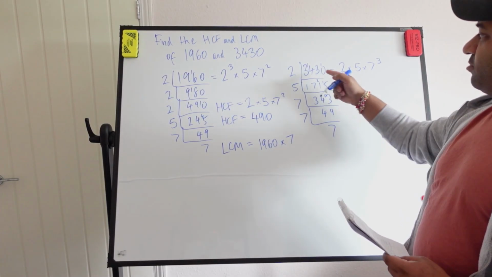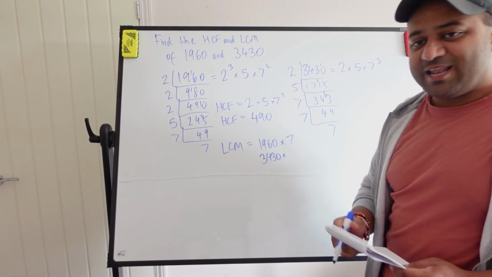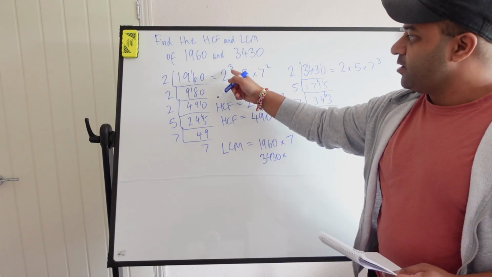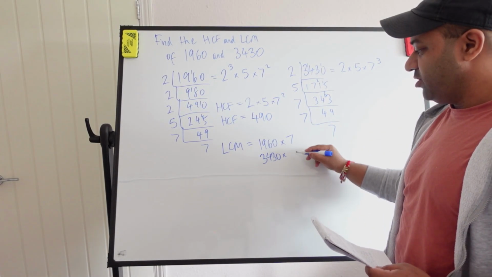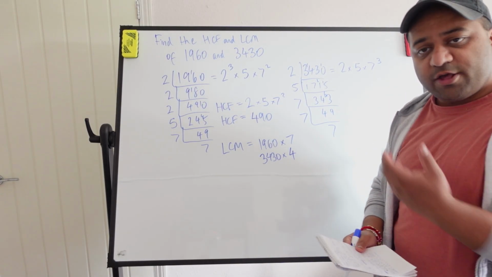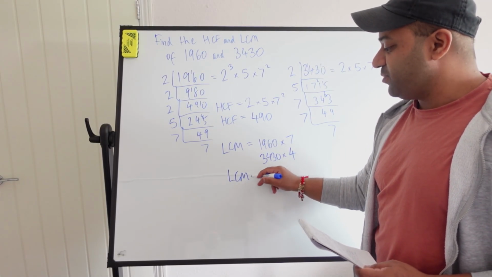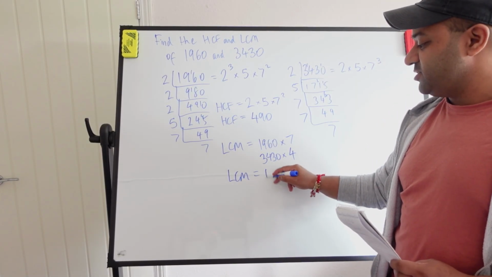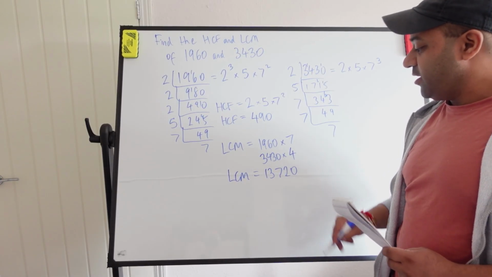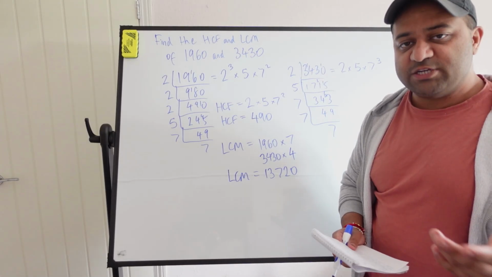Or the 3,430 is lacking the extra 2 squared, which is the number 4. So if you multiply either of those together, you'll get the same result for the lowest common multiple, and that number is 13,720. So hopefully you've managed to follow along.